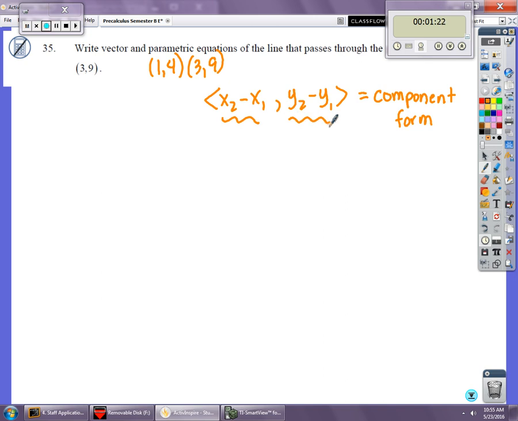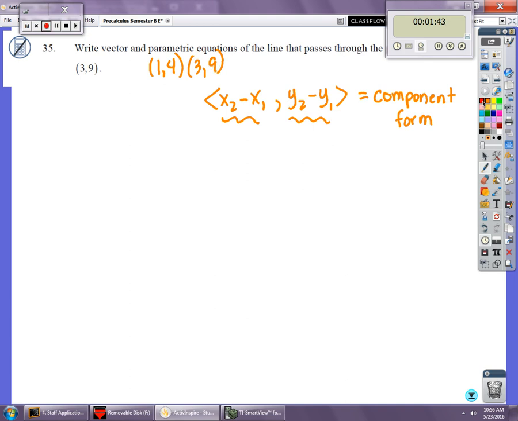To get from one point to the next, my x's went from 1 to 3, so I changed horizontally by 2. If I went from 4 to 9, I changed vertically by 5.